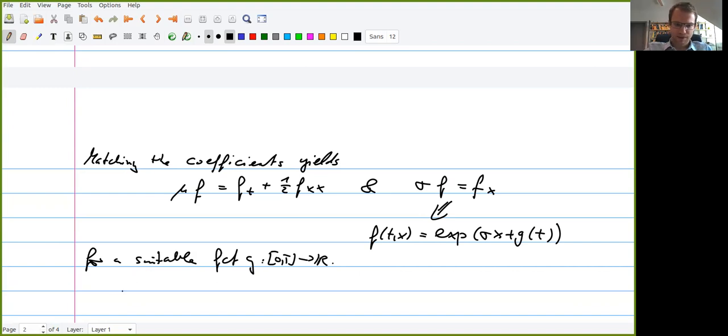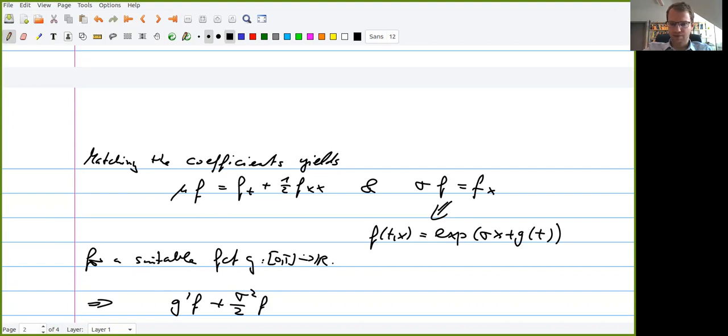And now we plug this expression here into the first equation. So what we get is g prime, this is the time derivative of this f, plus sigma squared f, right?